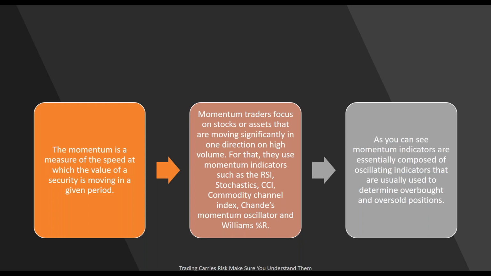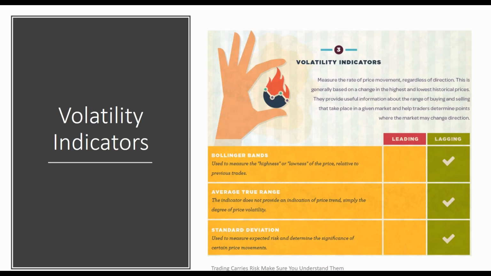For that, they use momentum indicators such as RSI, stochastics, CCI, and Williams %R. As you can see, momentum indicators are essentially composed of oscillating indicators that are usually used to determine overbought and oversold positions.